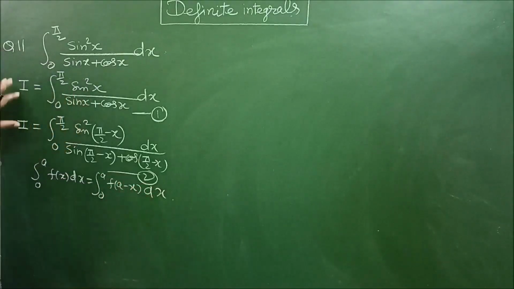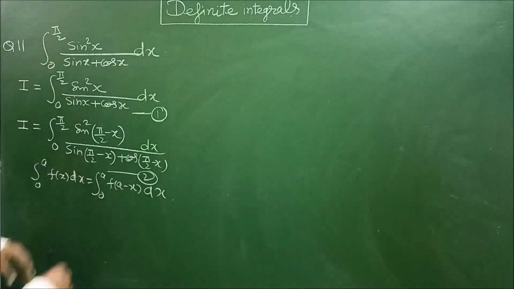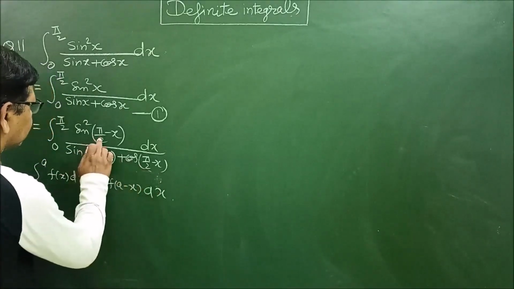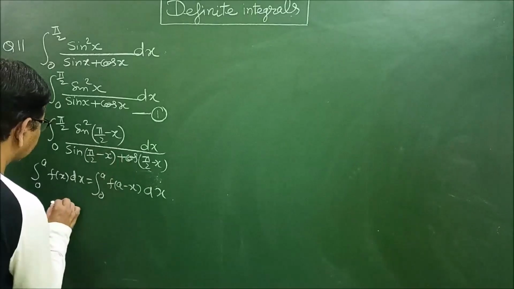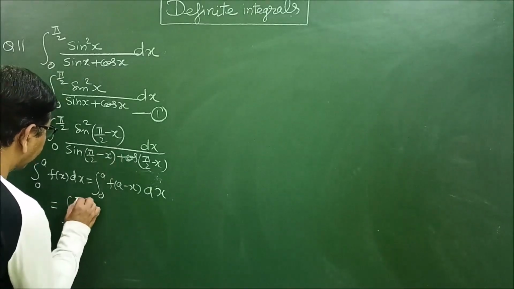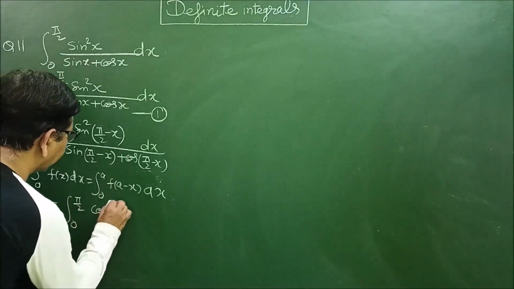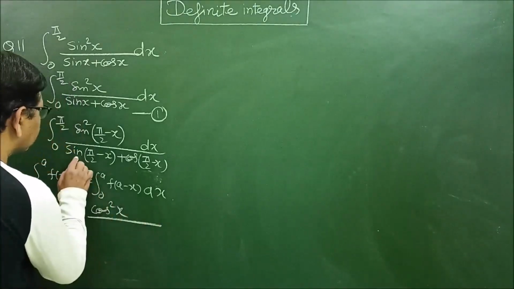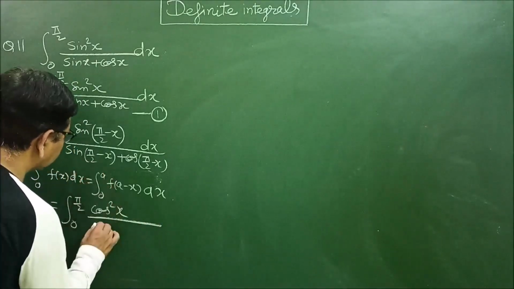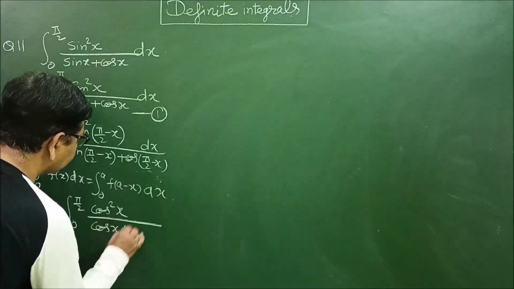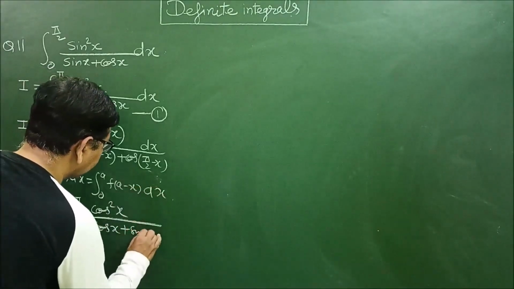Now on adding these two, first let us simplify it further. So sin square of (90 minus x) gives I is equal to the integral from 0 to pi by 2 of cos square x upon sin(pi by 2 minus x) is cos x plus sin x dx.